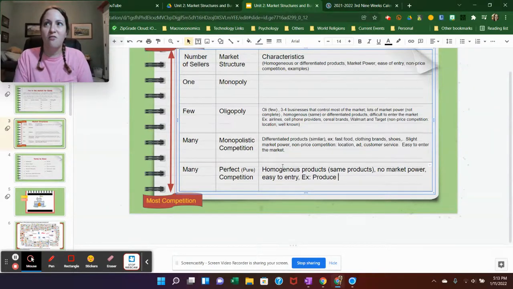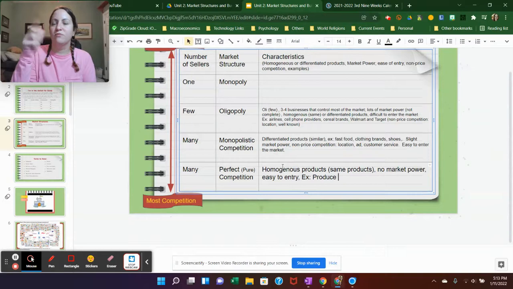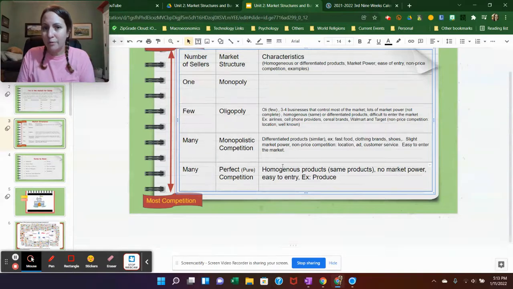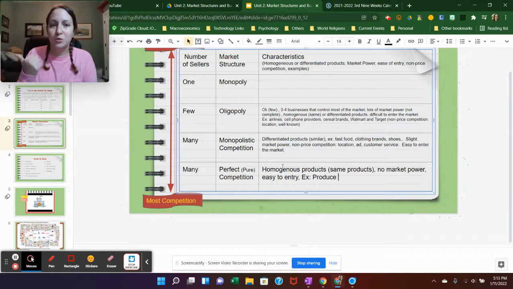Or I'm looking at the prices of apples or something, and those are the ones that I buy. Do you know what farm it came off of? Probably not, because it doesn't matter. And how easy it is to open up a fruit stand. So easy that people do it on the side of the street. Kids do it with lemonade stands. This is going to be an example of perfect competition.